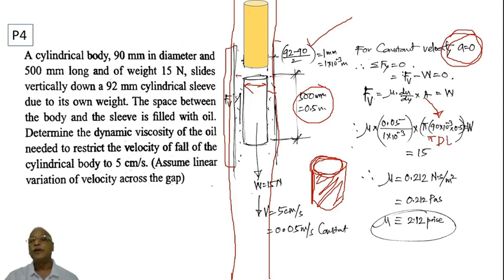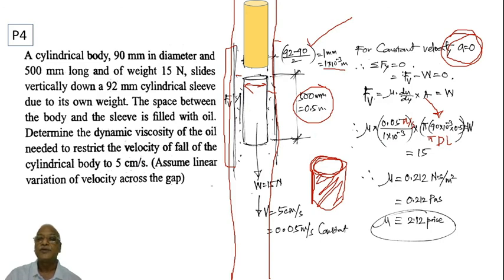Mu, how much is the mu given? Okay, mu is to be calculated, that is the unknown. du by dy, du is 0.05 because 5 centimeter is given, divided by 100, right? 0.05 meter per second, divided by dy, that is thickness, is 1 mm.